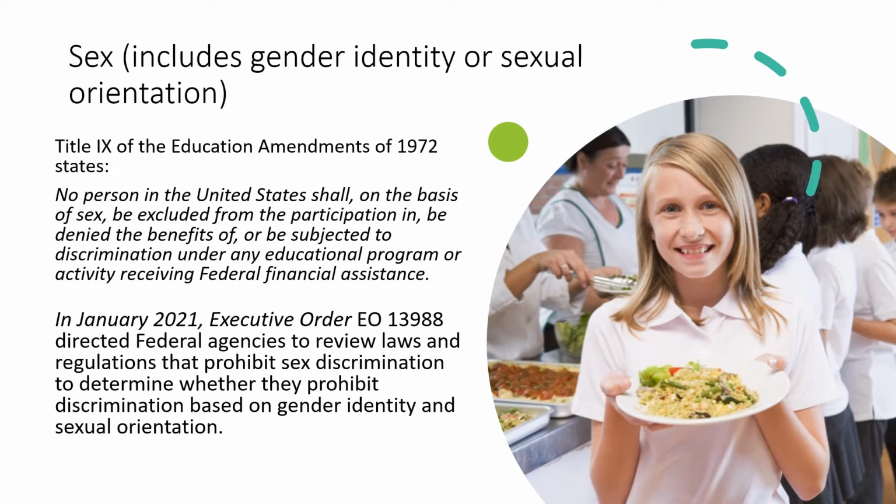On January 20th, 2021, then President Biden issued Executive Order 13988 that references the Supreme Court's holding in Bostock versus Clayton County and states that Bostock sets out the administration's policy that all persons are entitled to dignity, respect, and equal treatment under the law, no matter their gender identity or sexual orientation.